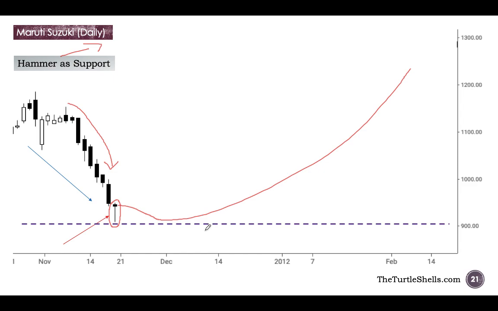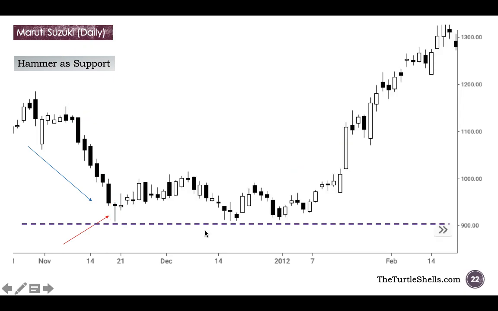And in this video, our objective is to understand how the low of the hammer becomes support. If you notice here, look at the precision of Japanese candlesticks. In this area and in this area, the bears have tried to push the prices down, but they have failed in doing so because the support of the hammer is so strong.